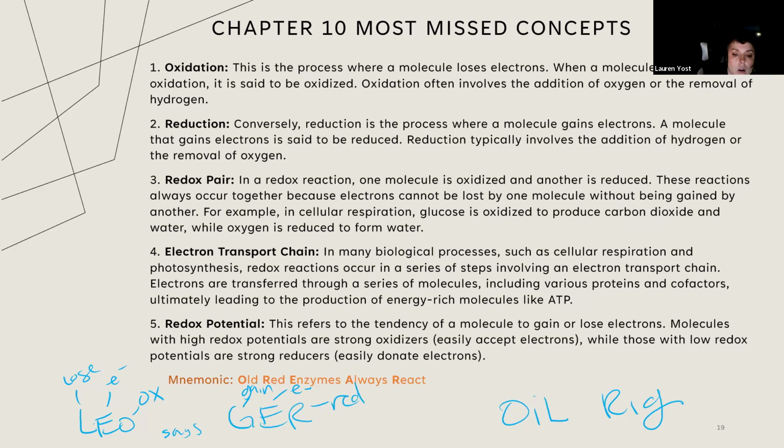And again, oxidation is loss, reduction is gain. Either way, that's how I remember those things, and that the transfer of these electrons is really what's going to be driving our electron transport chain whenever we are creating our ATP in our aerobic respiration.